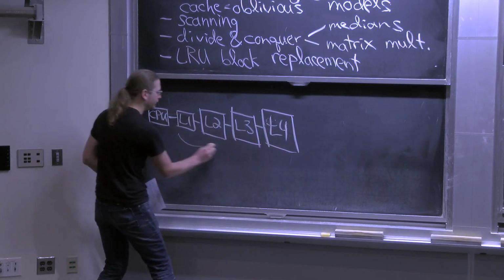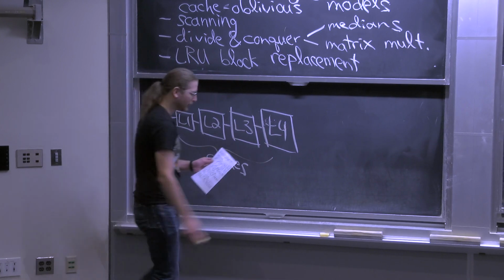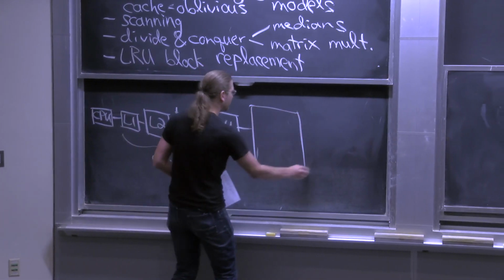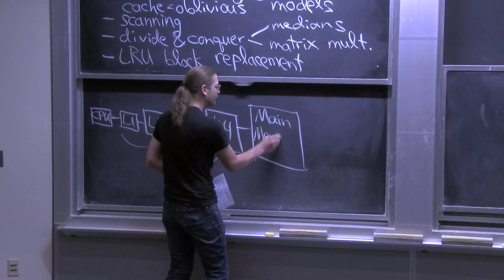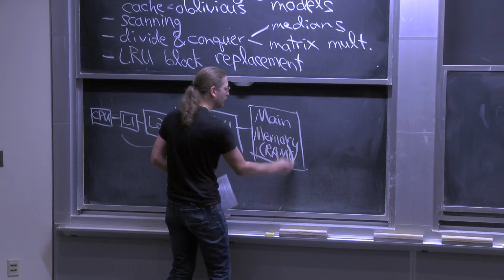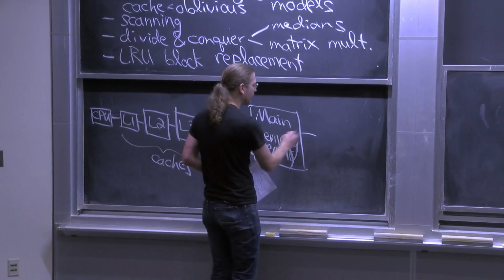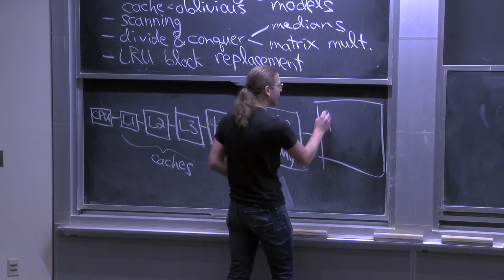These are caches, what are typically called caches in your computer. Then you have what we've mostly been thinking about, which is main memory, your RAM. And then there's probably more stuff. These days, you probably have some big flash.